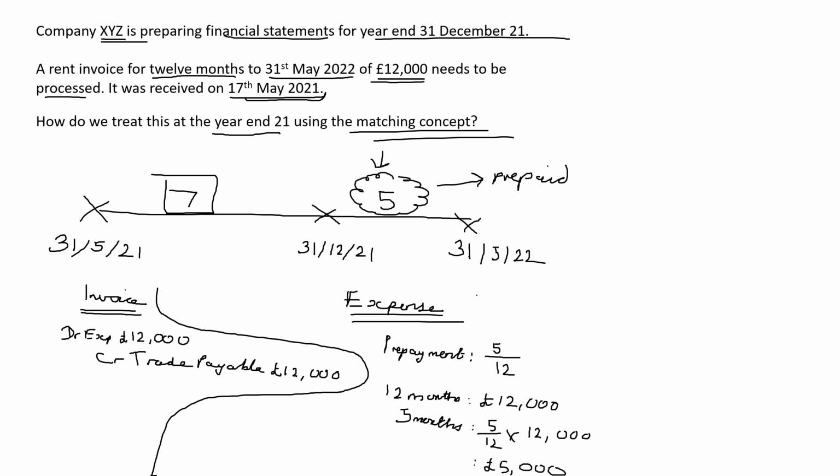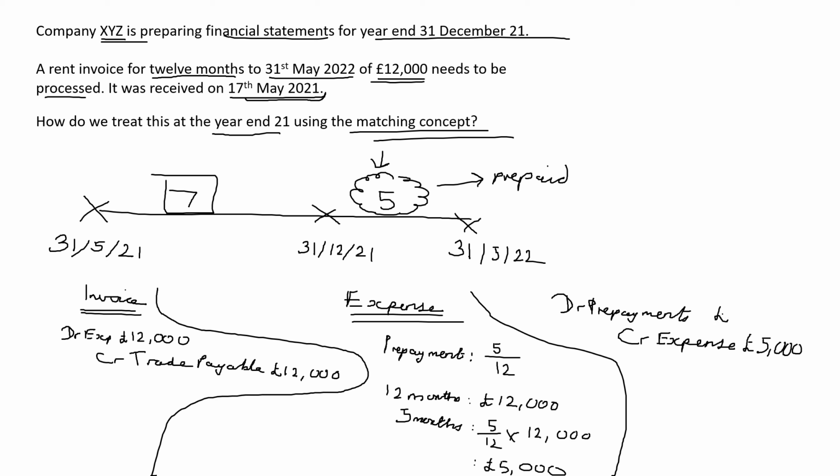What does this mean? Well, it means that we debit prepayments. We put credit expense because what I want to show you first is that the expense is going down by £5,000. Okay. So we do debit prepayments, and that's also £5,000.